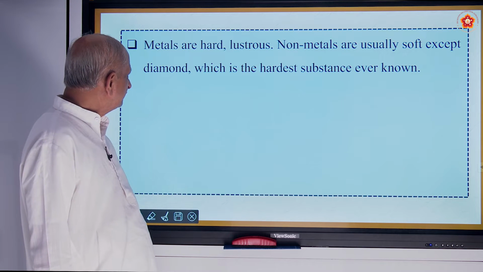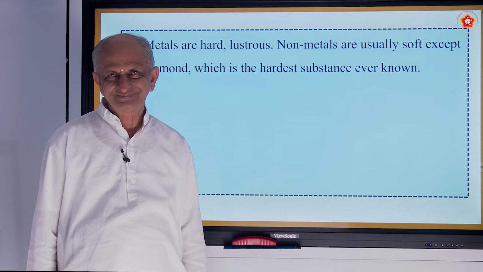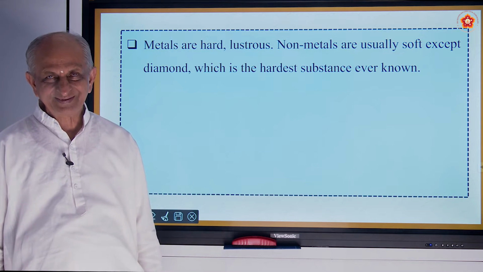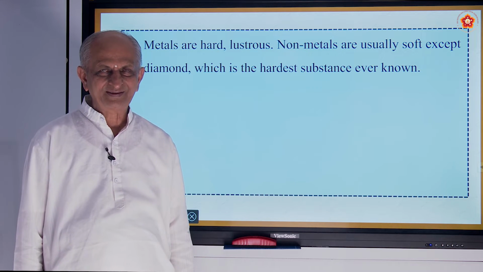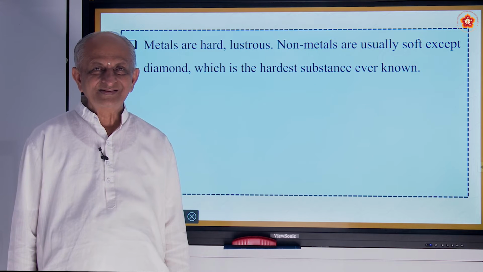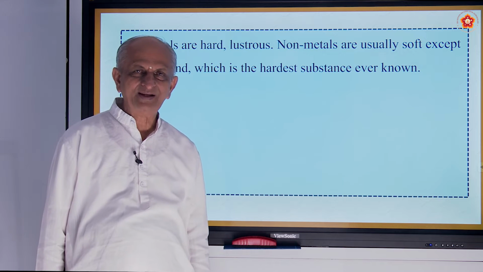Also, you know that metals are very hard. Can you name some hard metals? Yes, iron is a hard metal, correct? Then what else? Zinc. Okay, zinc also is a hard metal.